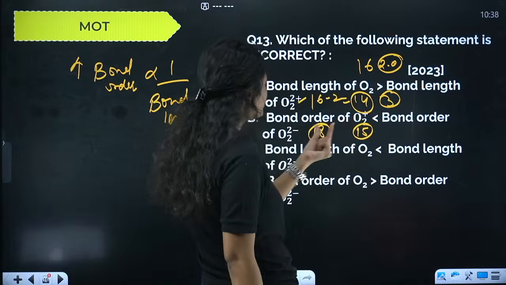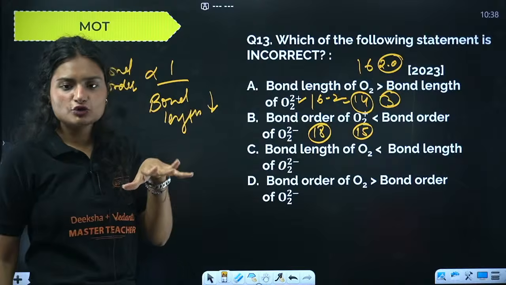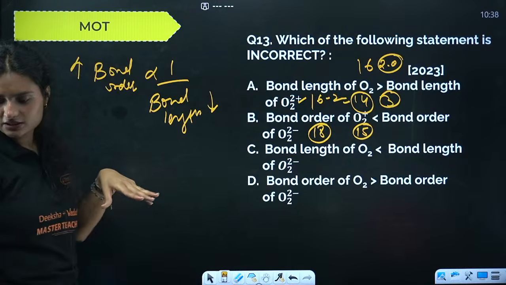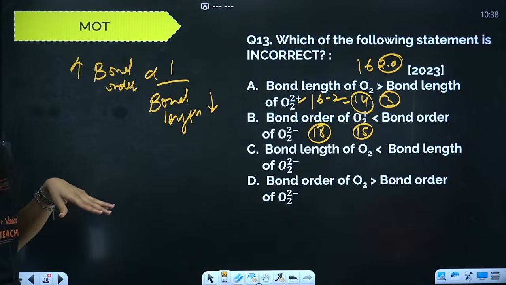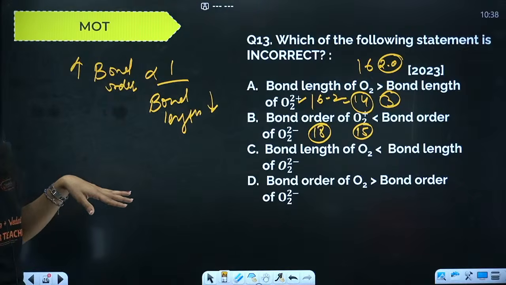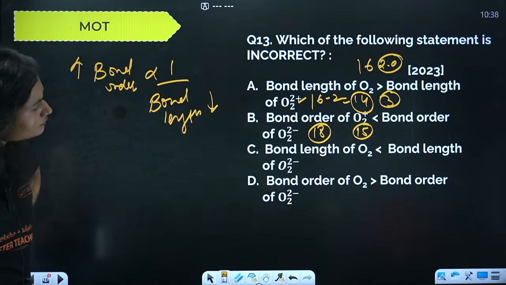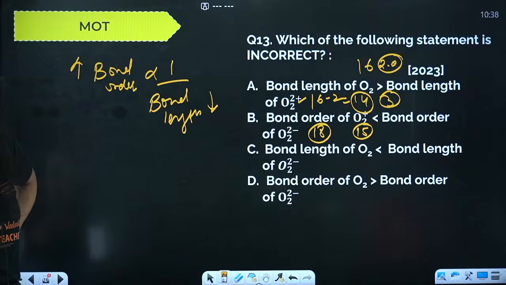So what is the bond order of O2 2 negative? 14, and we went 4 places, so that means around... the bond order is, for this it is 1. Yes, incorrect statement.